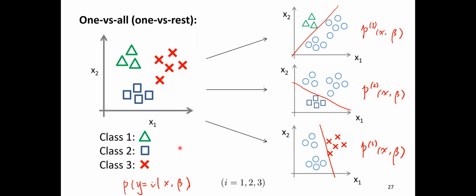Then for the third class, you do one versus all, and you get the third logistic regression model. This probability tells you the probability of belonging to this category, this model tells you the probability of belonging to the second category, and this model tells you the probability of belonging to class 3. If you have more classes, you can continue to build one-versus-rest logistic regression models.